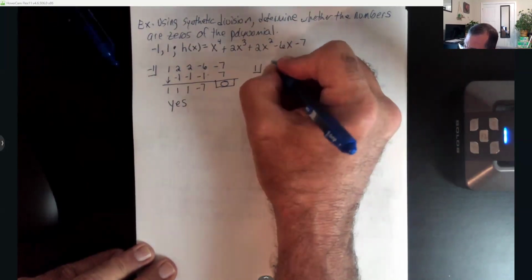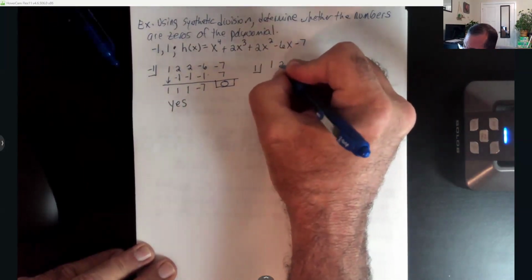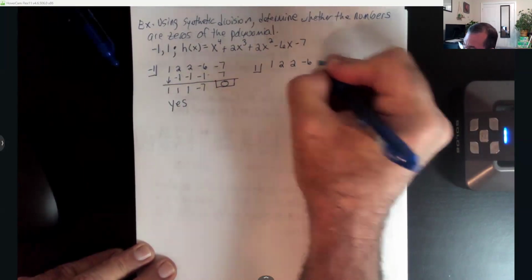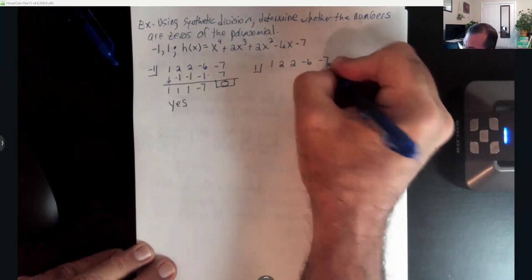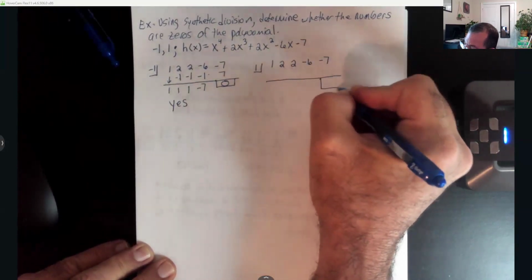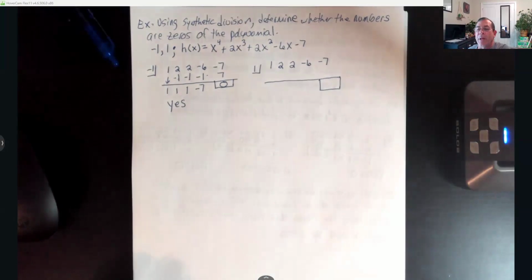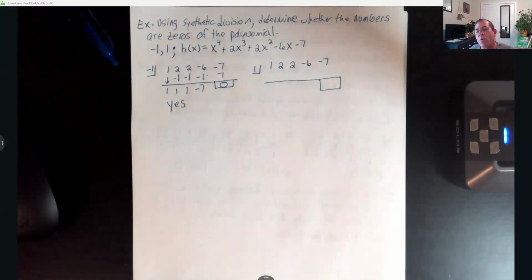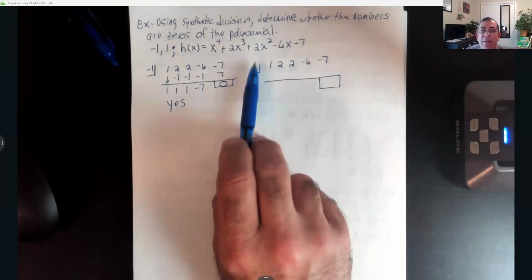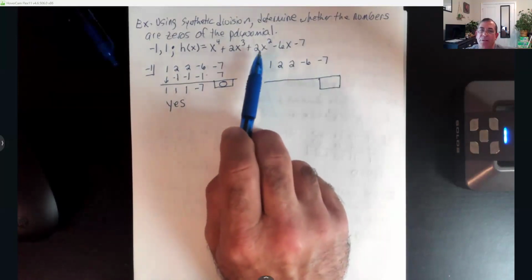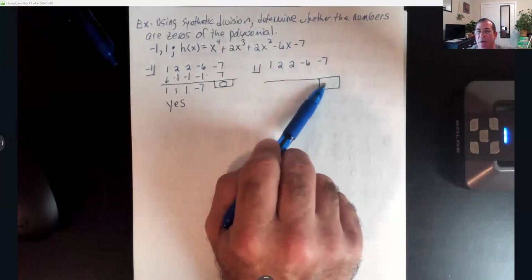So now we check 1. And y'all, we got the same coefficients, 1, 2, 2, -6, -7. All right, so I'm going to give y'all a few minutes, and I want one of y'all to tell me, is 1 a zero of this polynomial or not? If it's yes, then that means you got me a zero there.